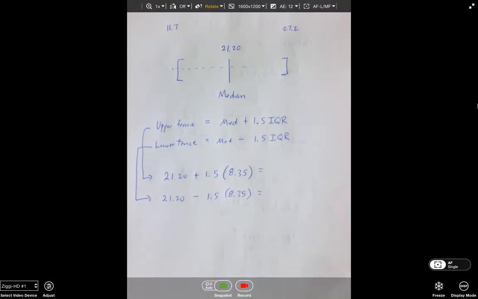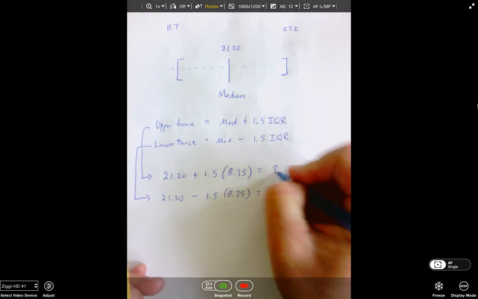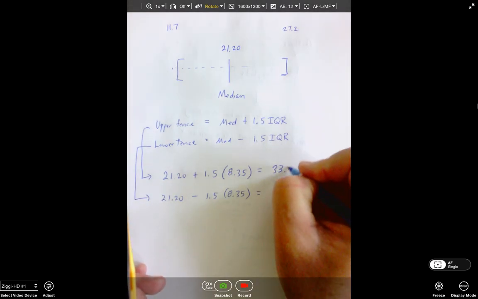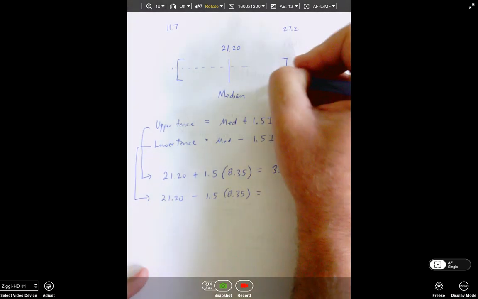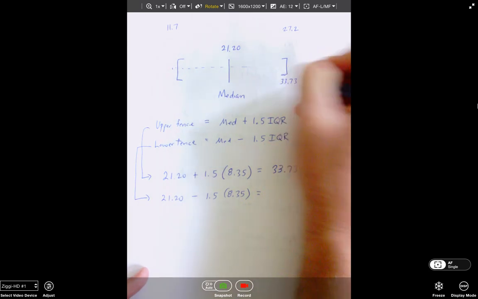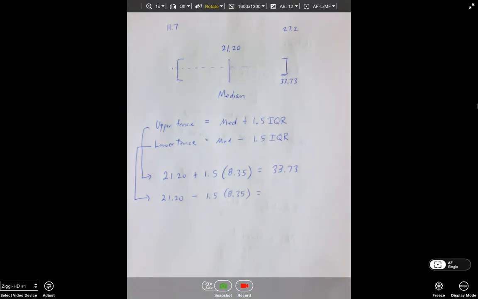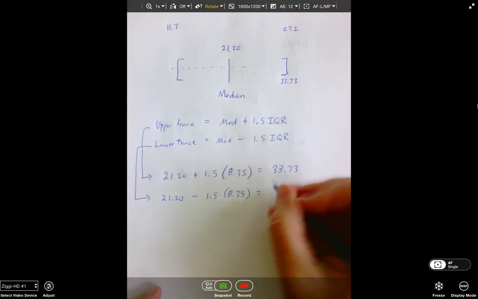Now let's go ahead and get our calculator and put those in. So if I take 21.20 plus 1.5 times 8.35, I get 33.73. My lower fence is 8.68.